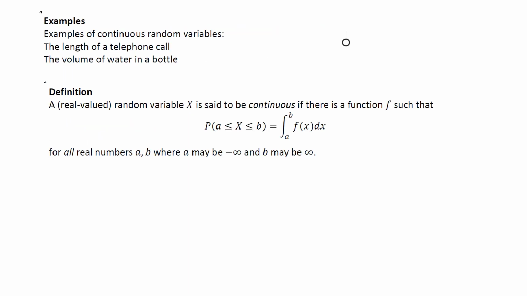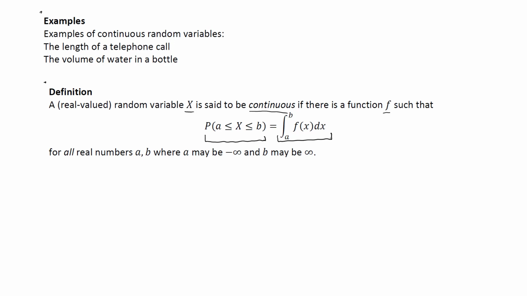So moving on to the definition of a continuous random variable, we say that X is continuous if there is a function f, which we will call the probability density function, such that any probability, such as the probability that the random variable will take a value greater than or equal to a and less than or equal to b, can be evaluated by figuring out the integral of f of x from a to b.